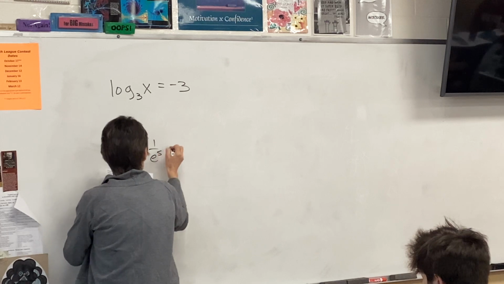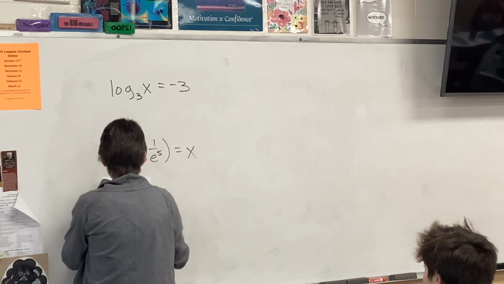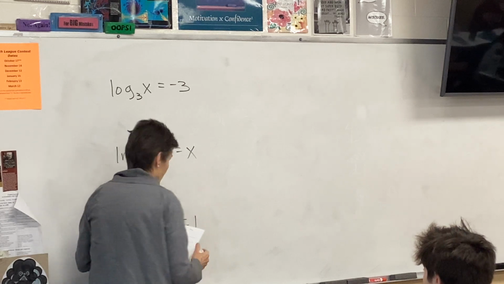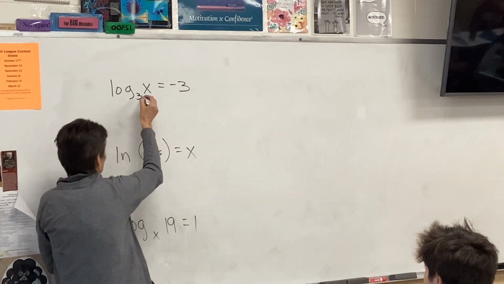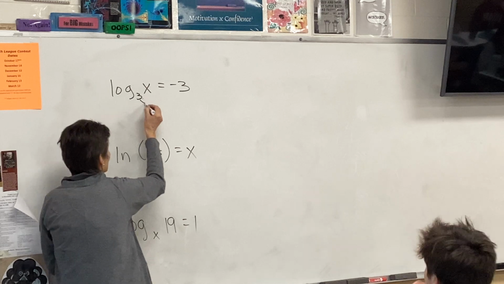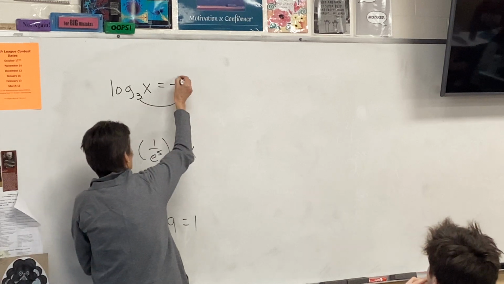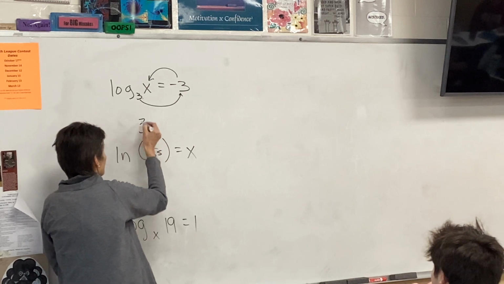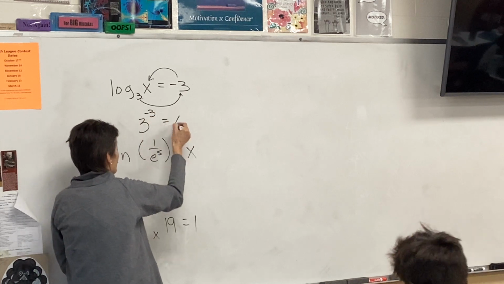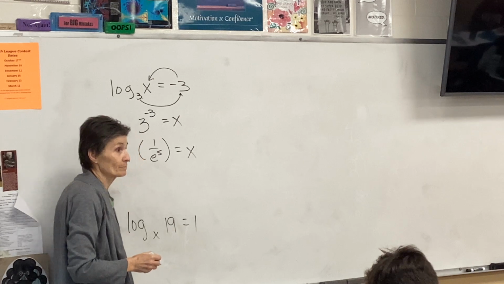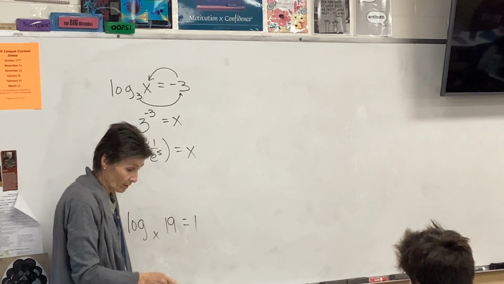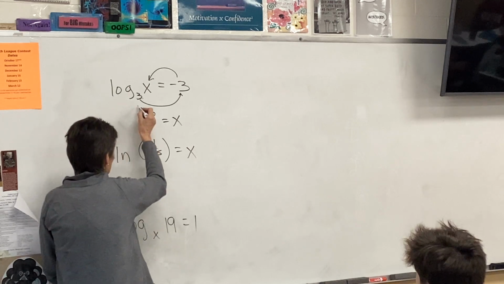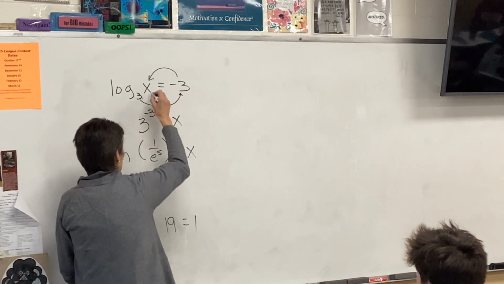There are some other things you need to remember as you're doing it, but they're all going to start by taking this right here to this power and equaling this. So 3 to the negative third equals x. Remember that? Every single one on this page except for F is going to work that way.